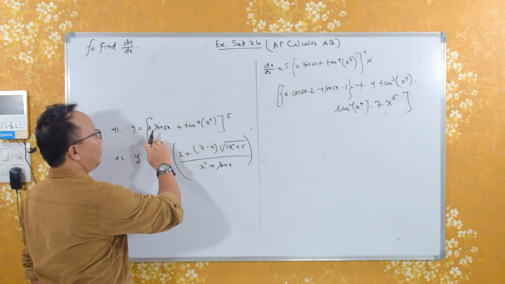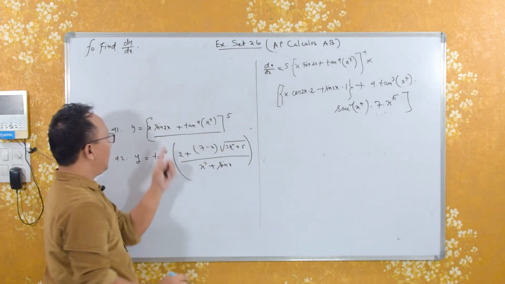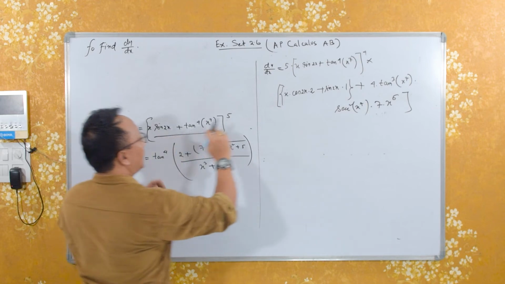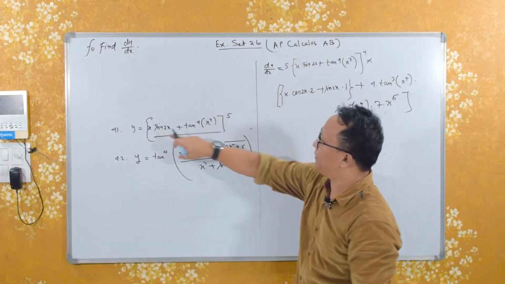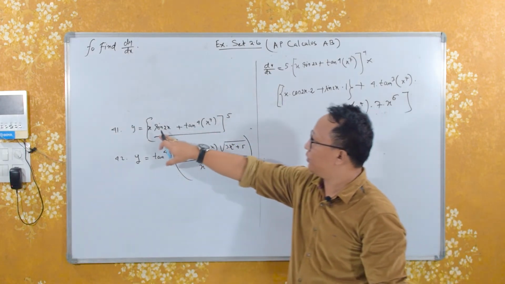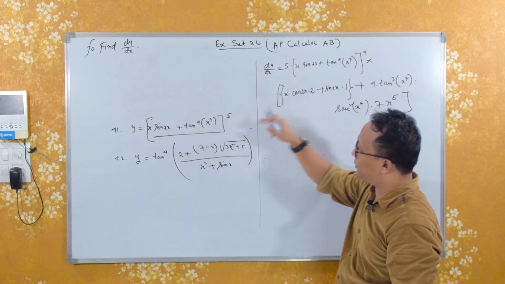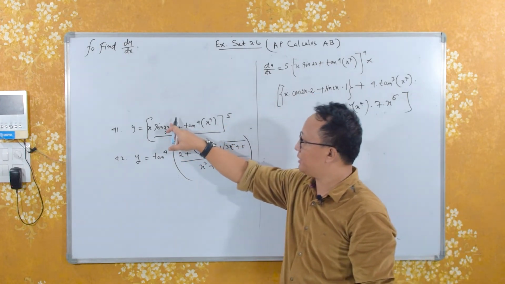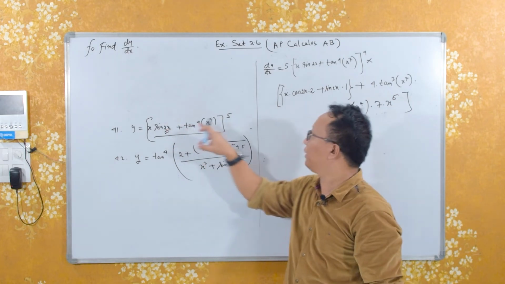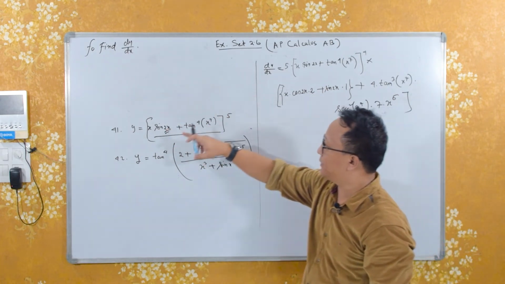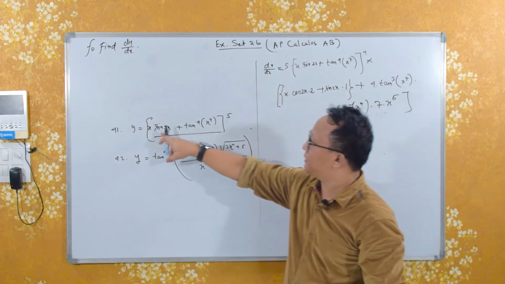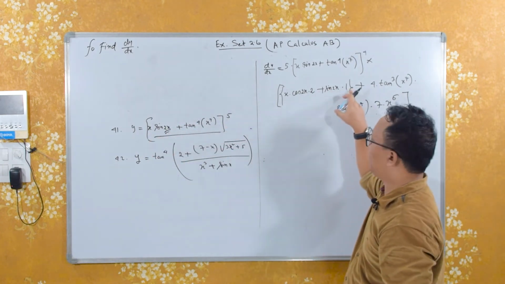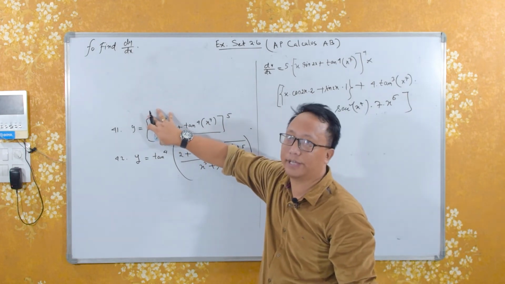Here x into sin 2x, applying the u into v rule, x I keep as it is, and the differentiation of sin 2x is cos 2x into the differentiation of the angle, twice x, which is 2. Plus sin 2x as it is, into the differentiation of x, which is 1. Now this differentiation gets over.